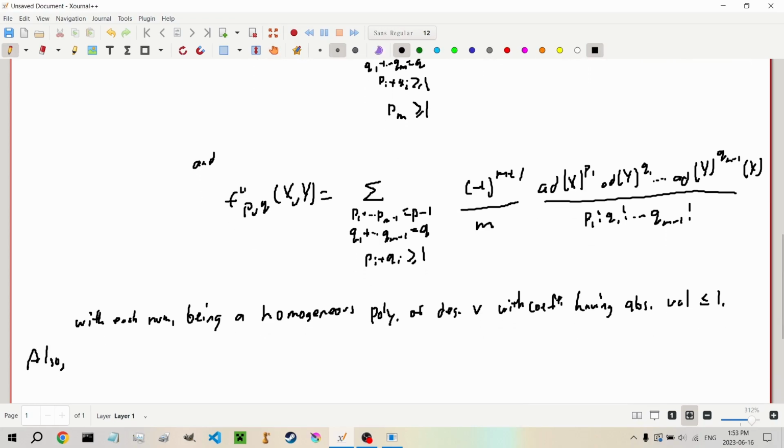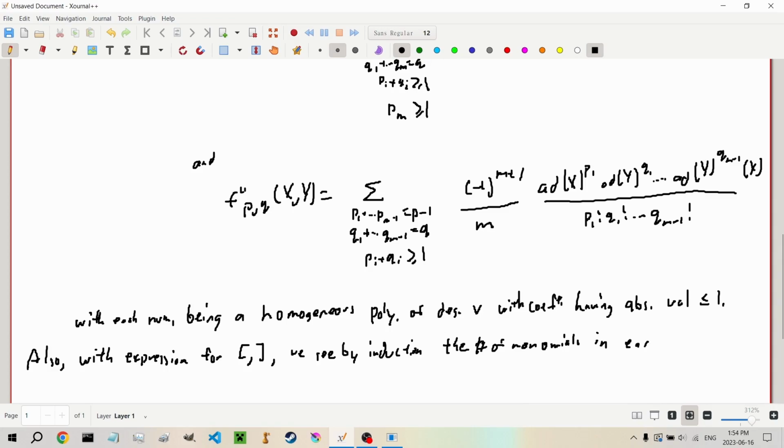Also, with the expression for square brackets, we see by induction that the number of monomials in each numerator is less than or equal to n to the 2 nu.